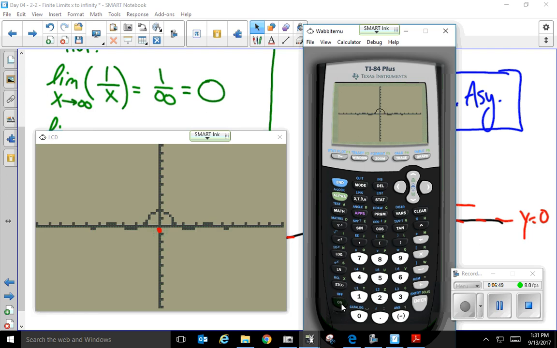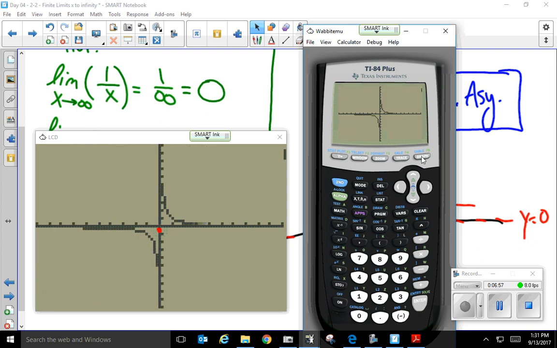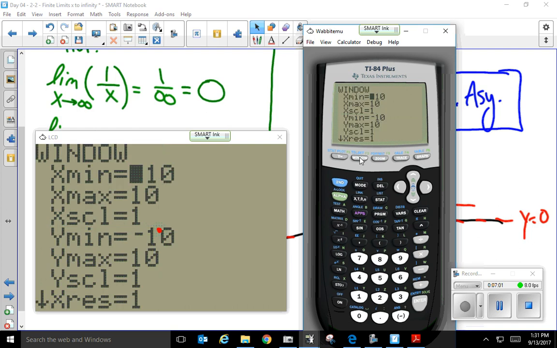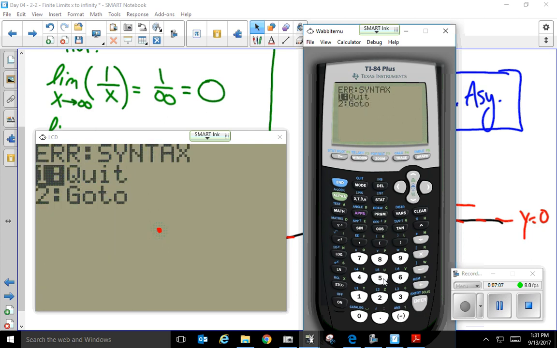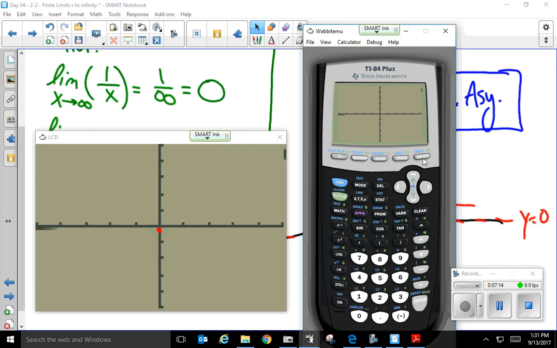So I'm going to y equals, I'm going to say that is 1 over x, right? Let's graph it. It's exactly what we said it would do. In fact, let's go to the window and make it even better. Minus 5 to 5.